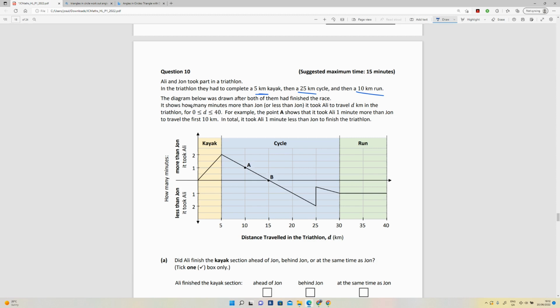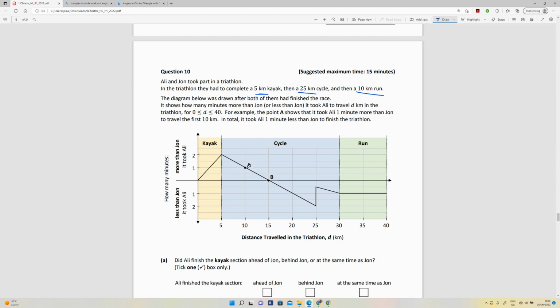The diagram below shows how many minutes more than John or less than John it took Ali. So it's plotting them against each other in terms of how quick each of them was. It took Ali to travel D kilometers, where 0 is less than or equal to D, less than or equal to 40.